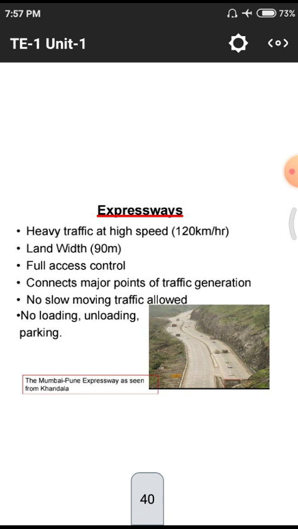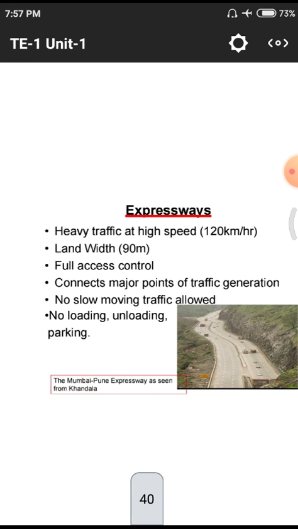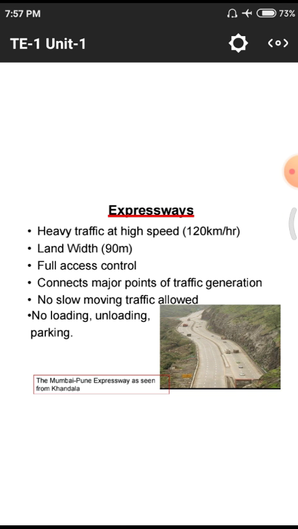In the previous system we have a total of 6 kinds of roads: expressways, national highways and 4 others. First we will discuss expressways. These expressways are normally used for heavy traffic. That means a speed of more than 100 kilometers, approximately 120 kilometers per hour, a huge amount of speed.